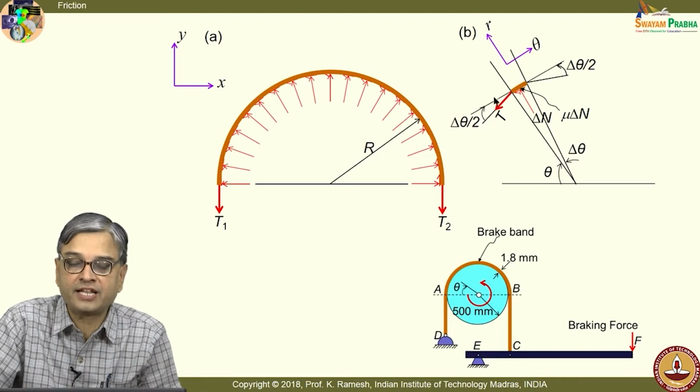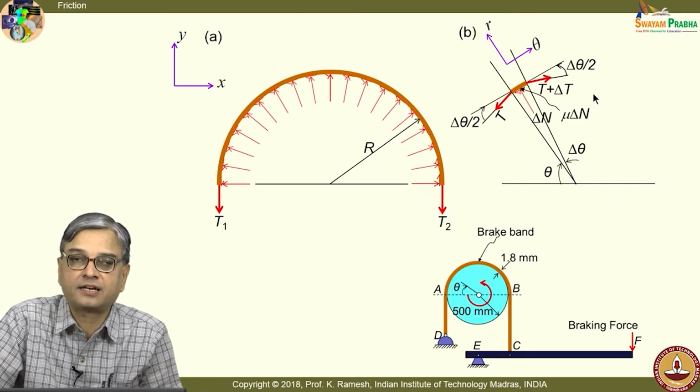If I take the tension as T on this side of the belt, when I move by an angle delta theta, the tension on this side would be T plus delta T. Now we are equipped with all the forces depicted on the belt, and we can write the equilibrium equations along the r direction and theta direction.